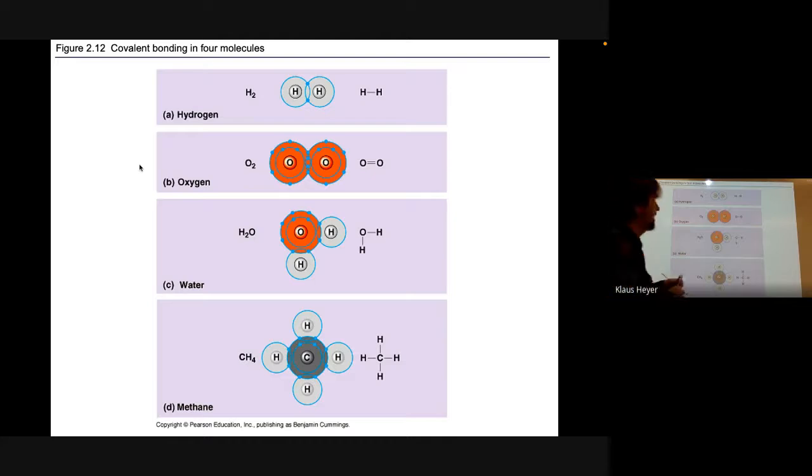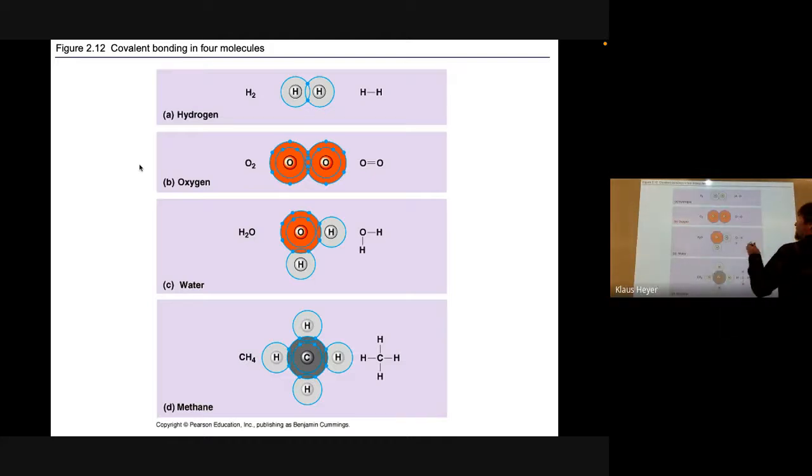If you remember, the valence shell is whatever the most outer shell is. So co meaning sharing, like cohabitate. They're covalent. They're sharing their electrons.